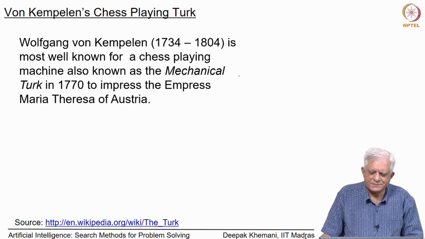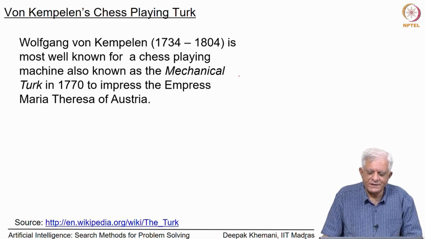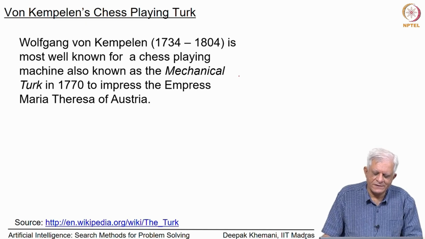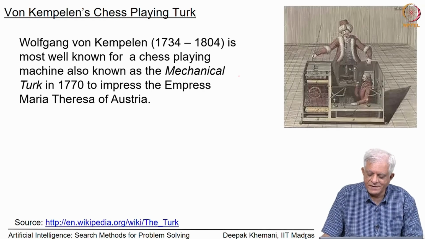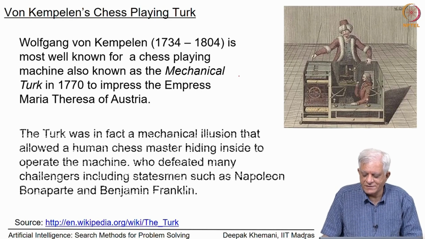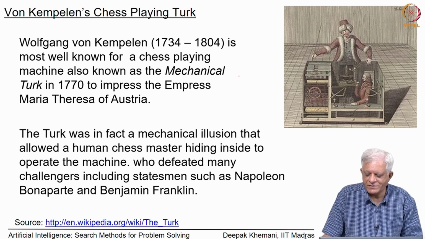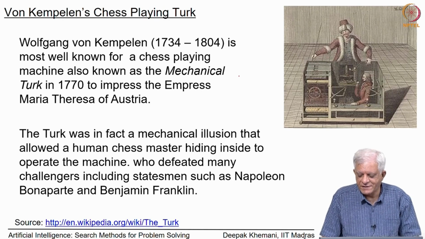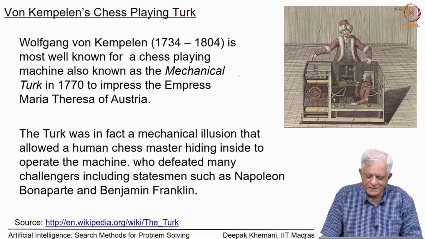It turned out that this was not a machine playing chess, but an illusion in which a diminutive chess player was hidden inside this contraption that he took around the world.